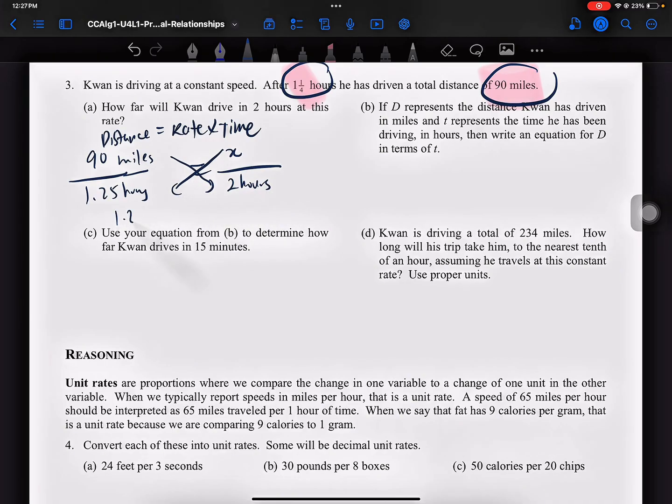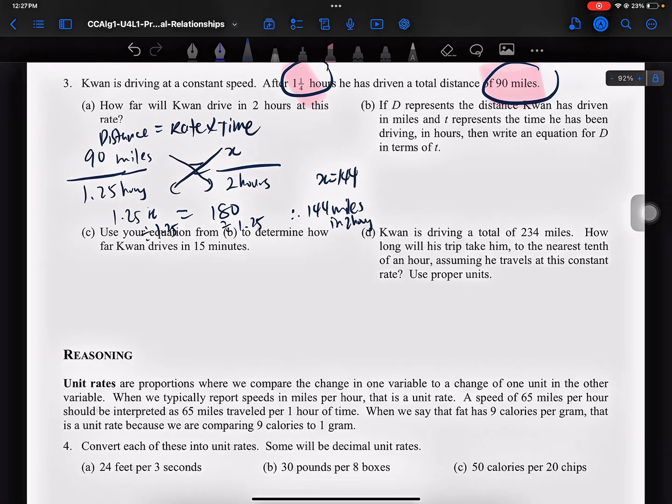Here is 1.25x equal 180. So next I will divide 1.25 on both sides. It will give me x is 144. So the answer will be 144 miles in 2 hours.